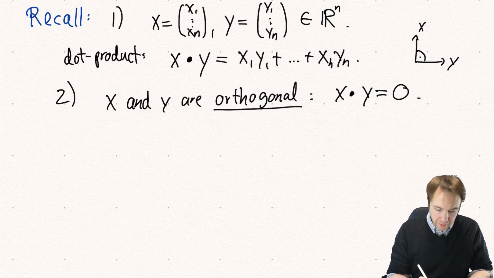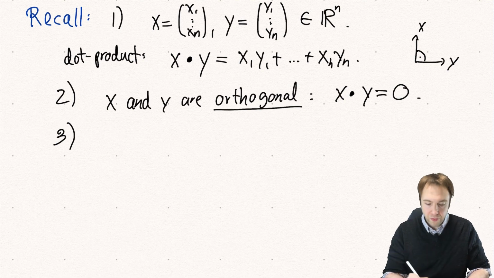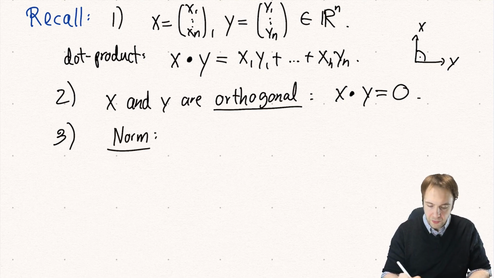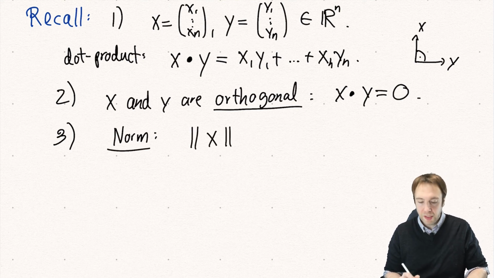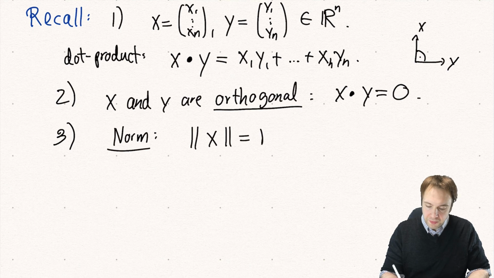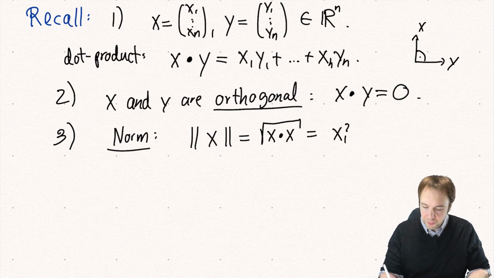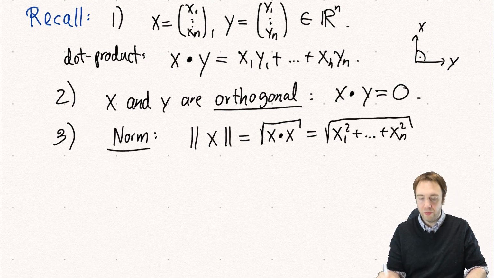And then we also defined the norm of a vector. We denoted this with these two lines, and this was given by the square root of the dot product of x with itself. So in other words, this here is just x1 squared plus up to xn squared, and then we take the square root.